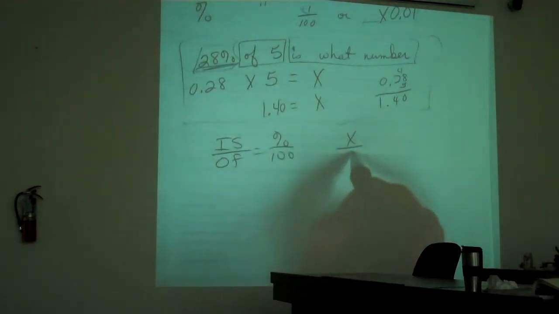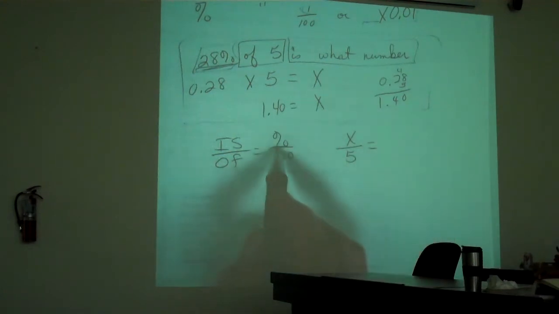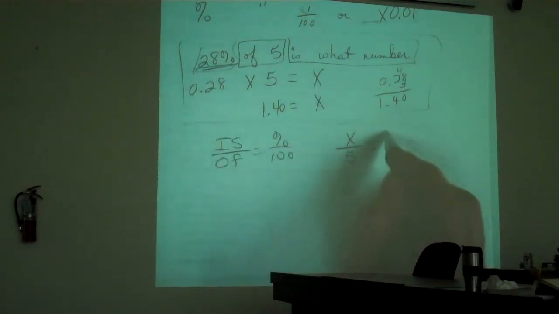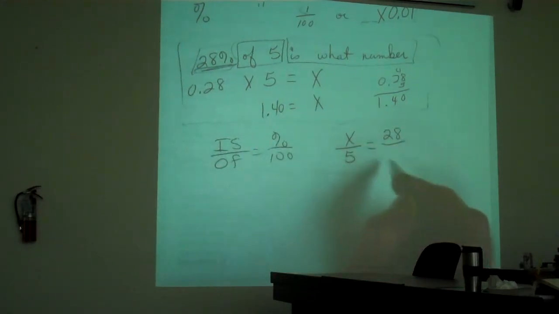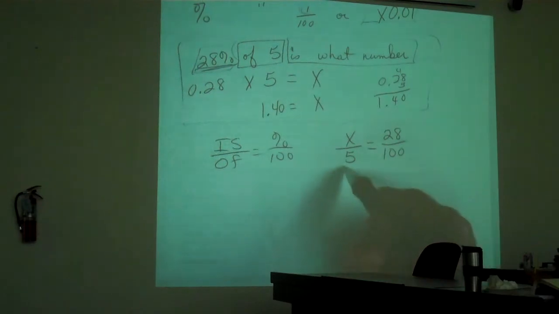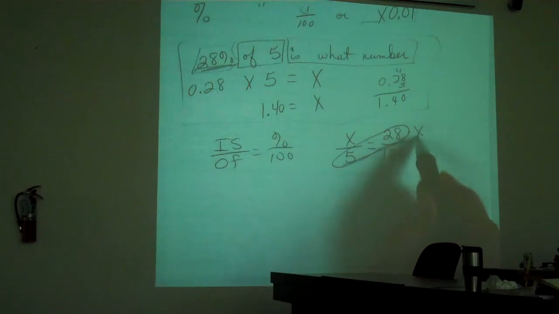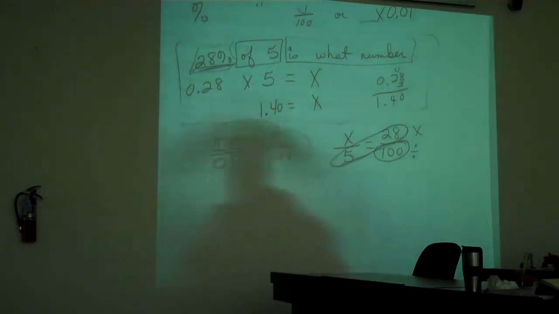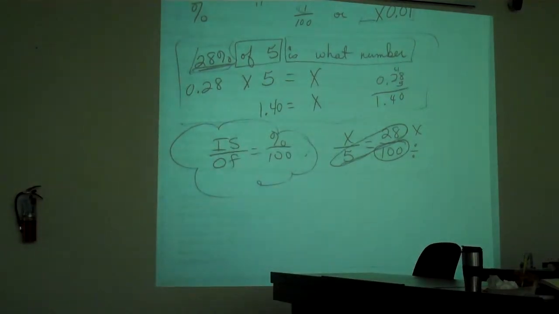The of is 5. The percent is 28, and that all goes over 100. So you would multiply 5 times 28, the two numbers that are crossed, and divide by 100. You're going to get the same answer. So you can do these as a proportion, which is the simplest way. Just plug it into this little magic equation right there.